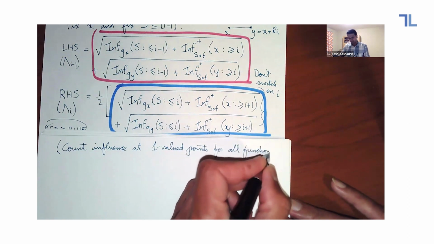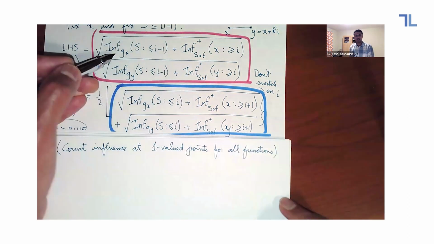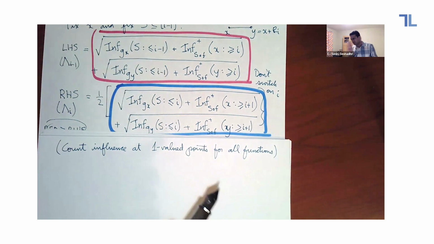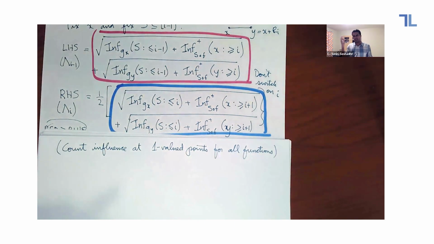That means that regardless of whether I'm looking at gx or this, only if the value is 1, I'm actually going to count influence. Otherwise, I'm going to count the influence as 0. And that doesn't really affect anything except by a constant factor, as long as I do it consistently everywhere.